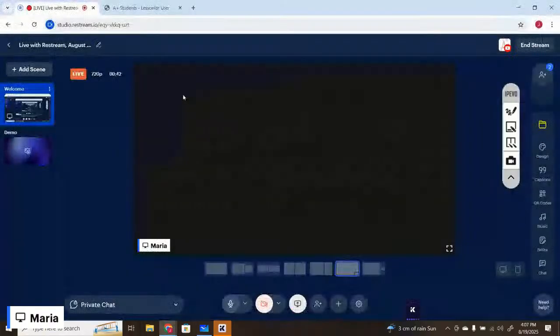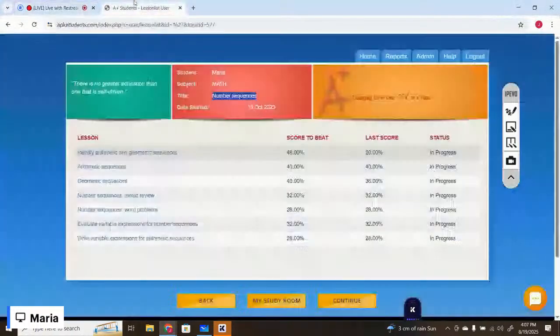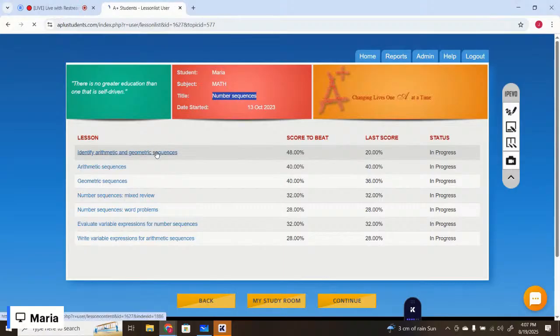So the chapter we're on right now in grade 7 math is number sequences. Let's start with the first lesson, identify arithmetic and geometric sequences.